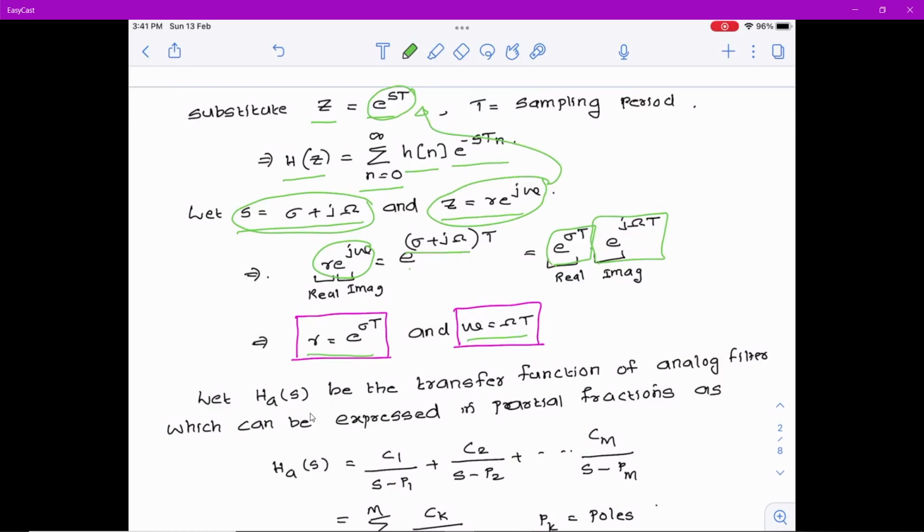Here r is the radius, and capital sigma represents the real axis in the s domain. If you look at this equation, when sigma equal to 0, r is equal to 1.